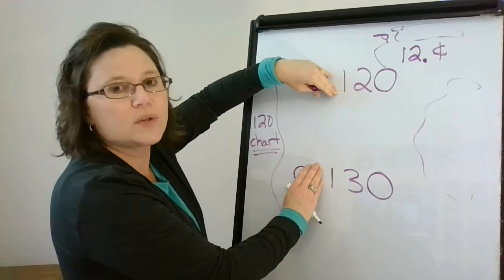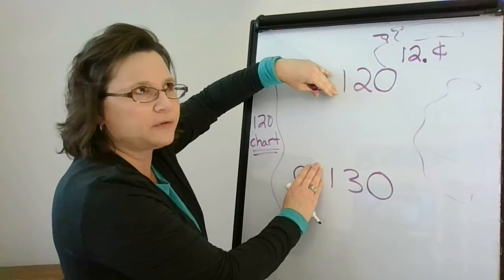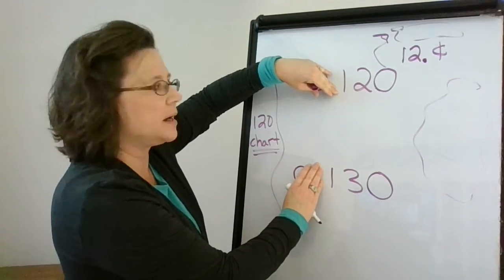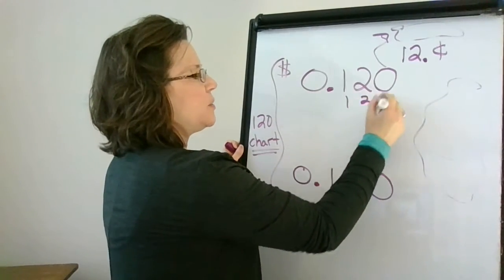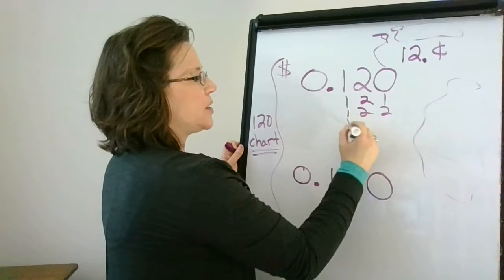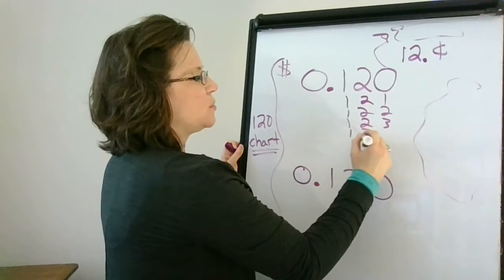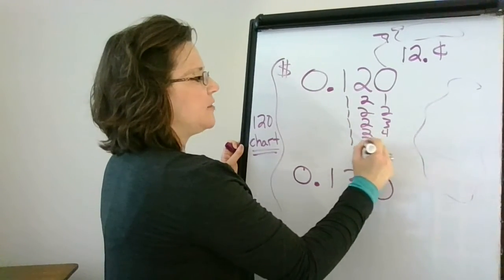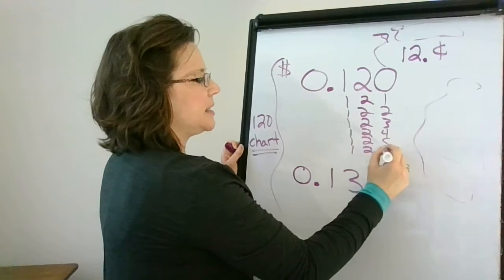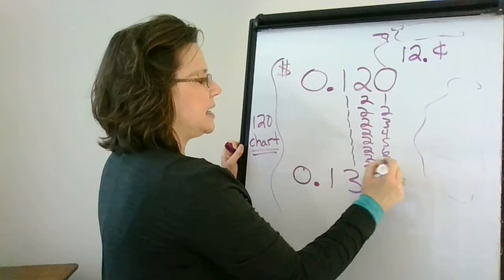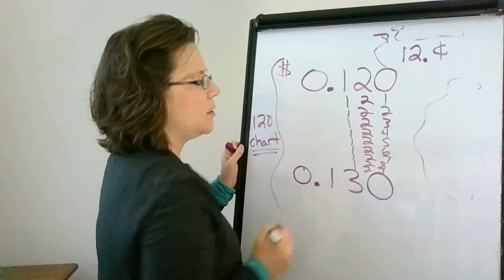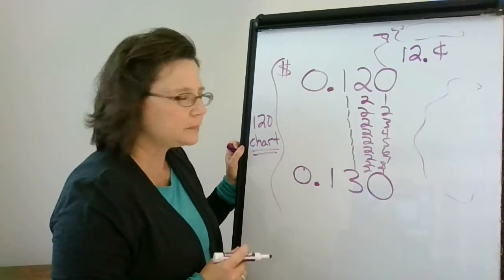And most of our students, fourth, fifth, sixth grade and beyond, they're not going to have any trouble with that. And they're going to say, oh, well, I'm just going to count 121, 122, 123, and give me a moment to write these down. I'm going to try to fit them all in, but I may not have given myself enough space, and that's okay. You'll get the idea. 128, 129, 130.